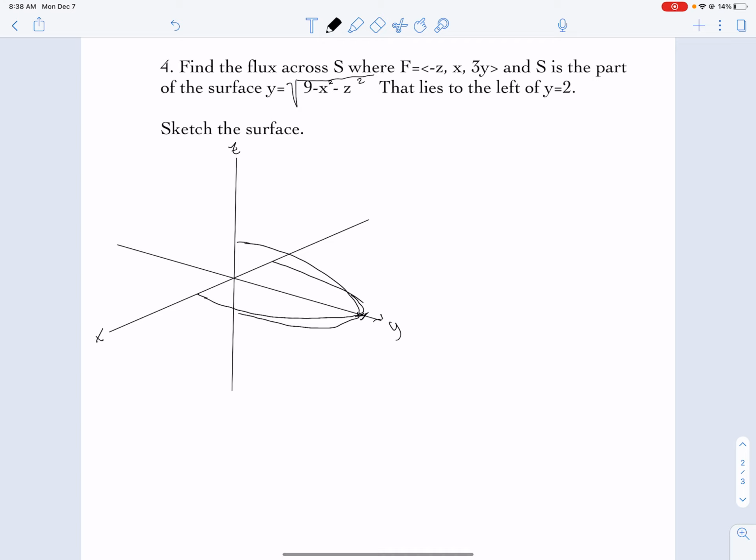Then we have the plane y equals 2, which is going to cut off this paraboloid at 2. So we pretty much have this little surface to work with. And we'll erase what we don't need.